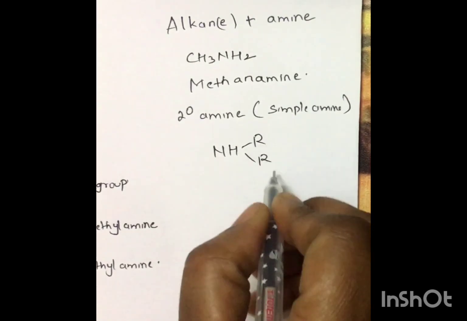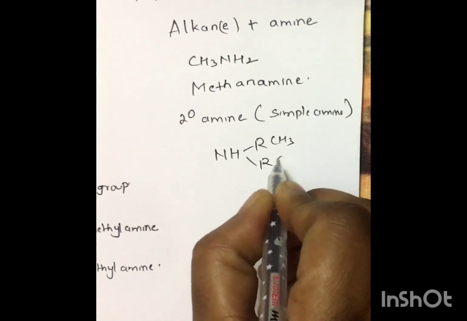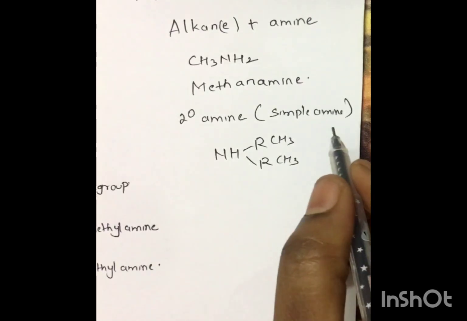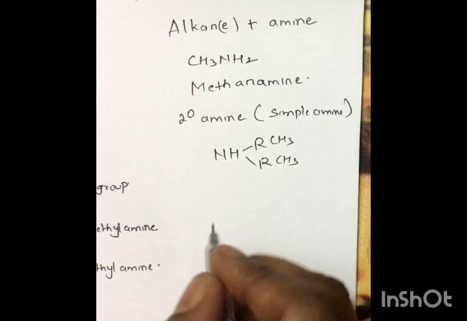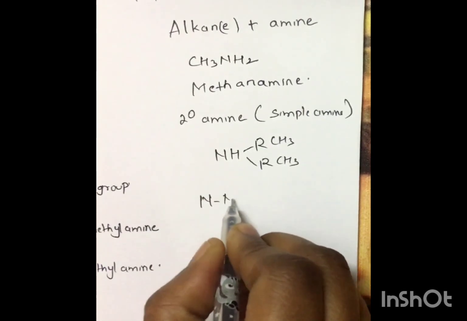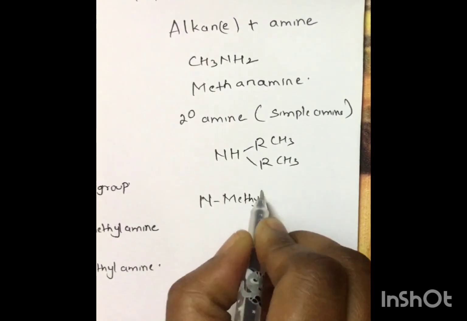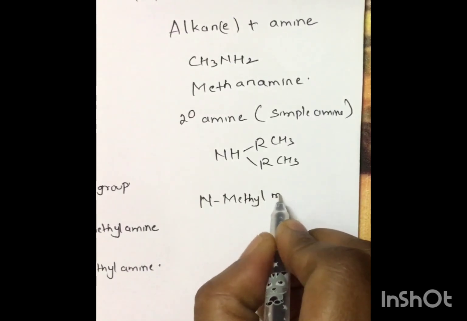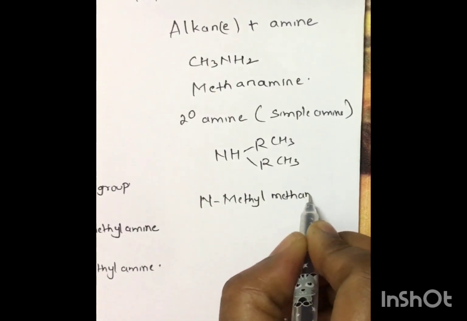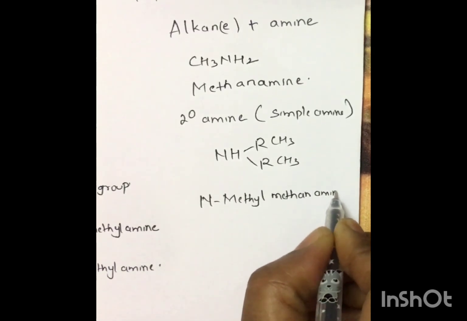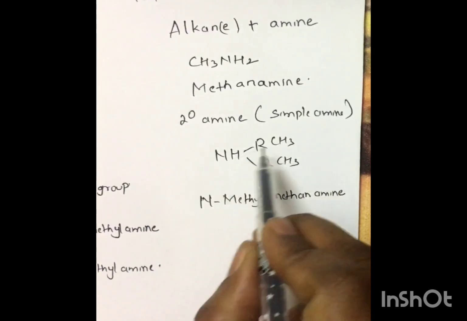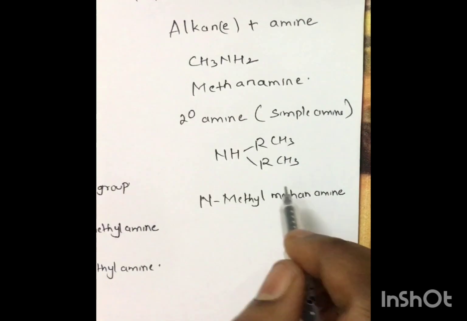Let us assume these two alkyl groups are methyl groups, then we call it N-methyl methanamine. N-methyl methanamine is named like this.